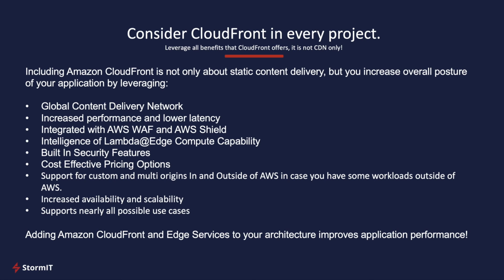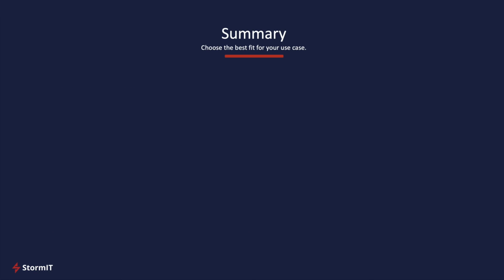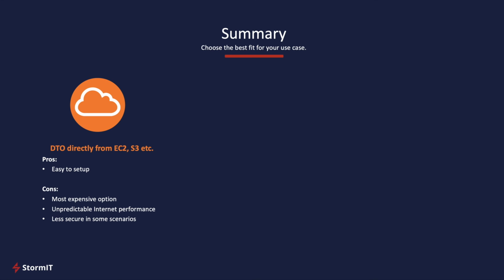Let's have a brief summary of our webinar before we wrap up. What options of data transfer out to the internet or on-premises are available, and what are the advantages or disadvantages? Direct transfer out directly from EC2, S3, ELB, and other services. It's difficult to find any other advantage besides speed and ease of deployment.